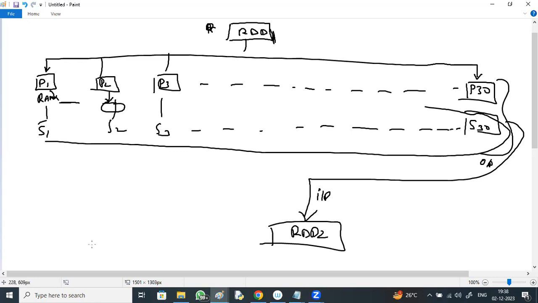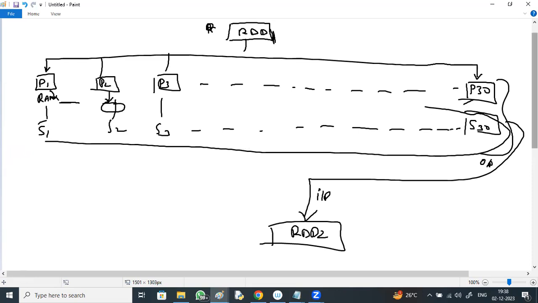Suppose there are 100 rows, divided into P1, P2, P3 partitions, that is 10, 10, 10, 10, means 10 partitions. At last we need ranks 1 to 100, right? If we divide the total 100 rows into 10, 10, 10, how can we do the ranking if we process like this?